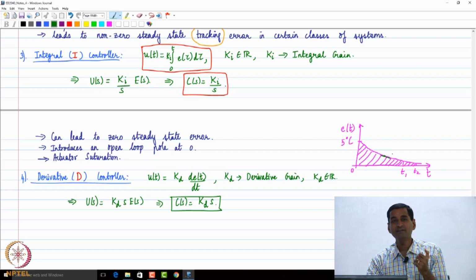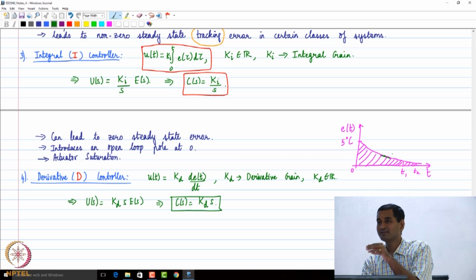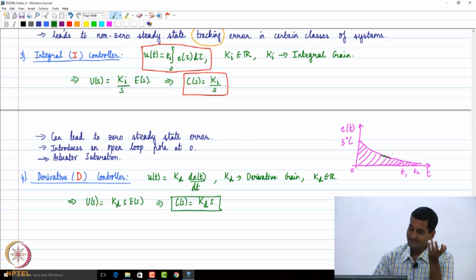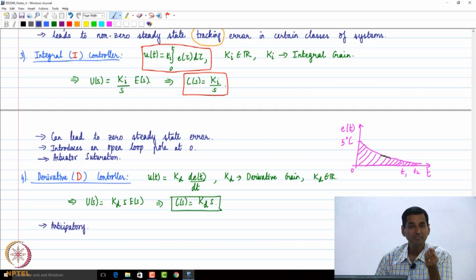The sign and the magnitude of the derivative tell me what is going to happen to the error in the next instant. So the derivative controller leads to an anticipatory response. It tends to peek into the future and take corrective action.